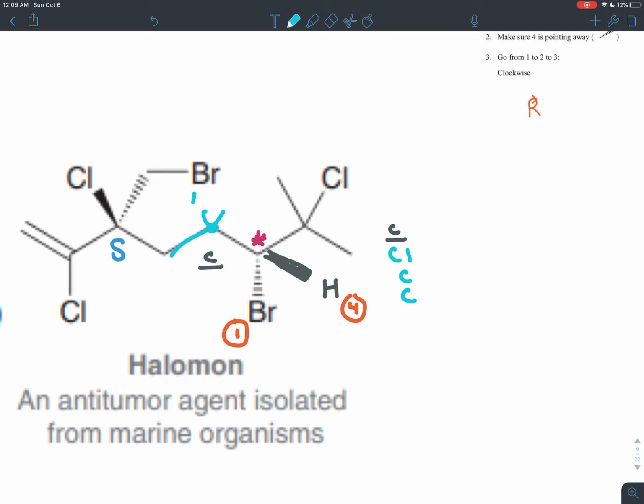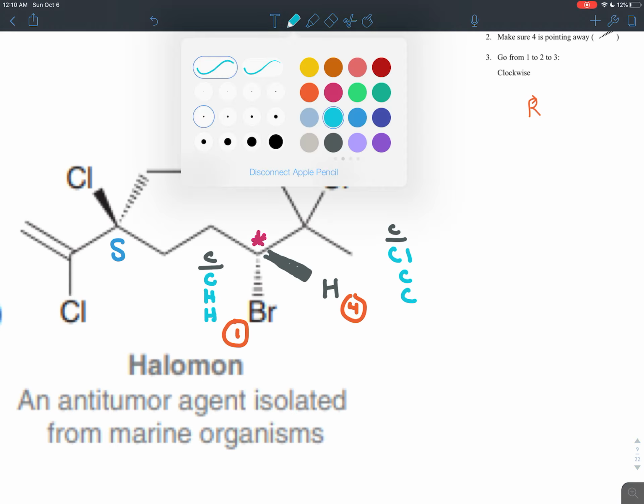This carbon on the right is bonded to a carbon and two hydrogens. The carbon goes on top because it has the highest atomic number of those three. Notice we didn't go back to the chiral center because that ties for both of these carbons. That's not going to help us tell them apart.